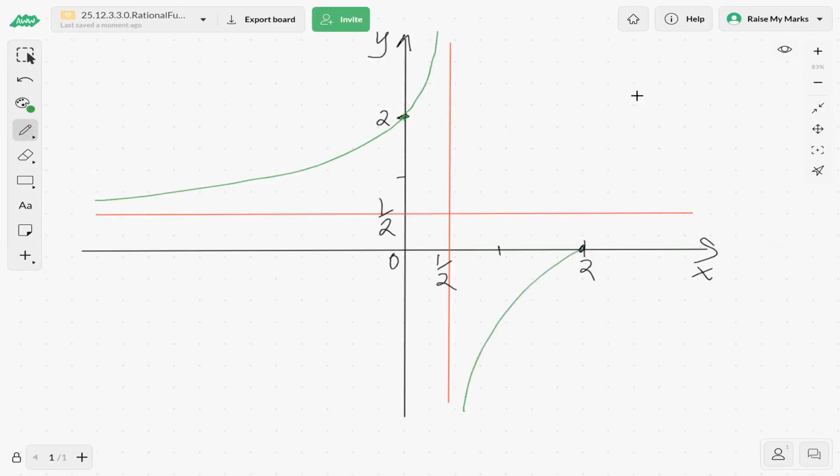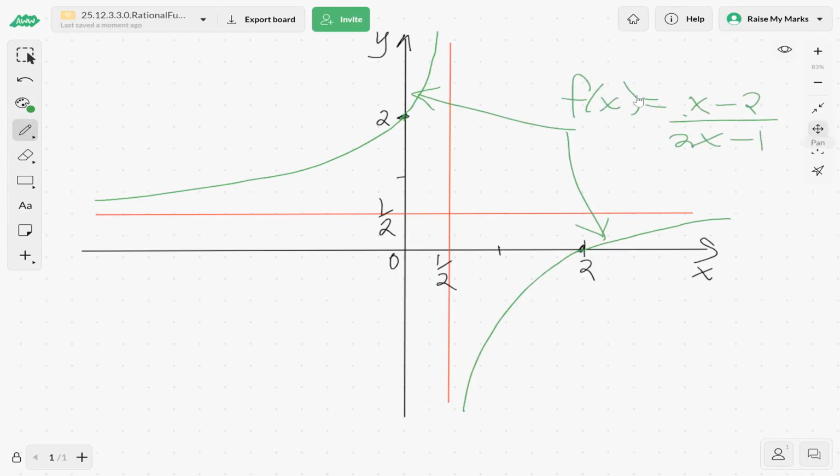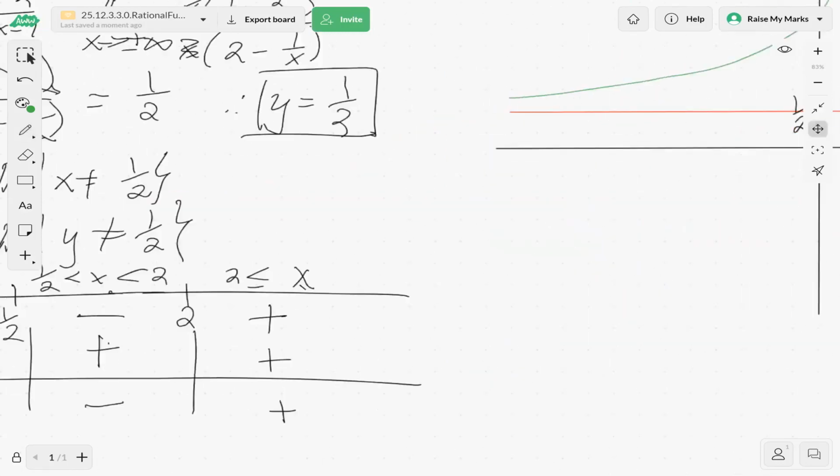So it probably looks like this. And then when x is greater than 2, our function's positive. So it looks a little like this. Okay. So these green pieces make up our function f of x equals x minus 2 over 2x minus 1. And that's the graph of our function.